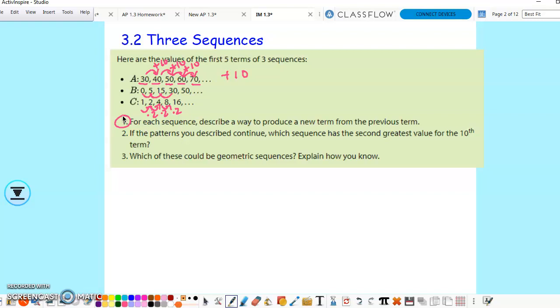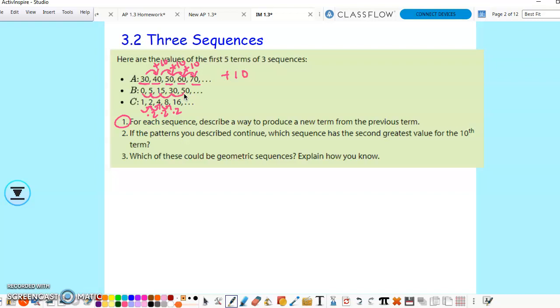Number 2, if the pattern you describe continues, which one has the second greatest value for the 10th term? Well, notice that sequence A started at the biggest number, 30, but I'm only going up by 10 each time. So it's not going to be very big by the 10th term. Here I'm adding a little bit more each time, so it's going to actually overtake.